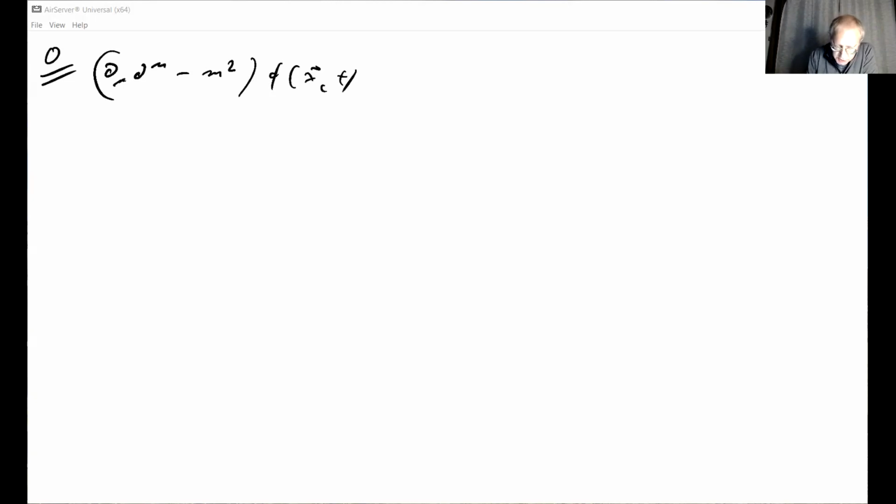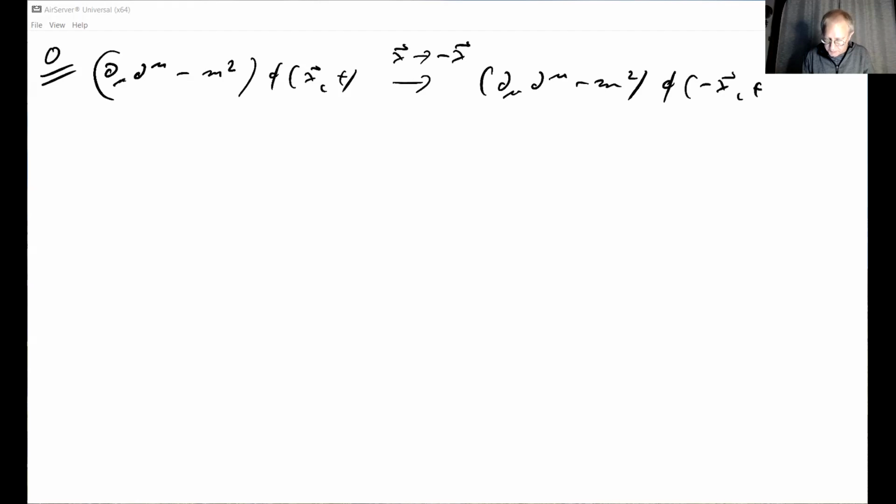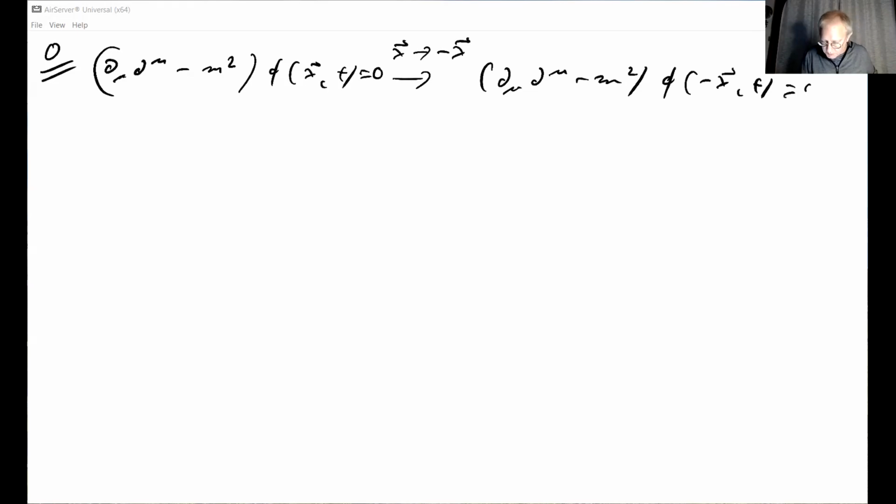And if now I change in this equation the space components x to minus x, then nothing will happen to these derivatives because I get a minus squared every time, and then nothing changes here. But here in the field, I have a minus x comma t, and that's equal to 0, of course.